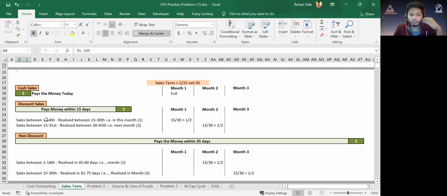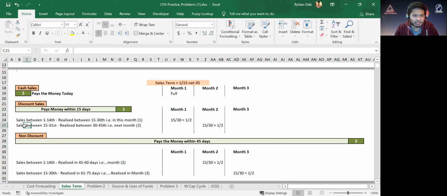So instead of 14, it should be like the first 15 days, the money will be received within that month only, within 15 days.